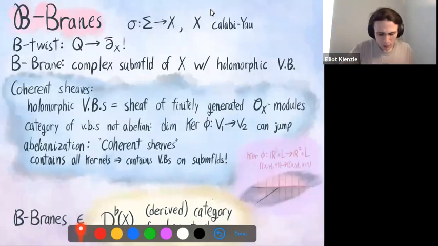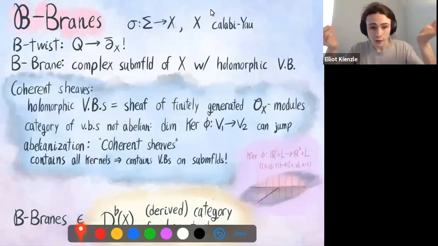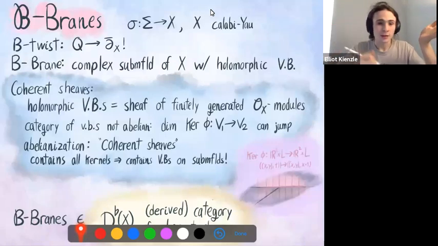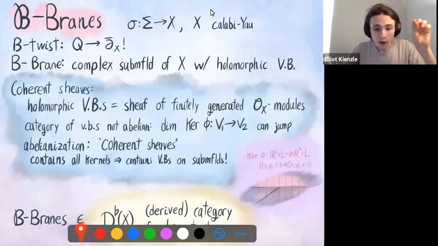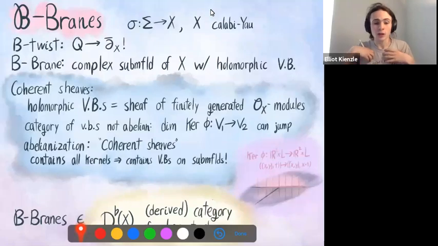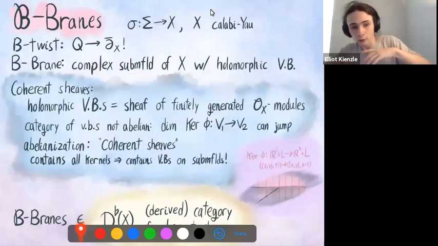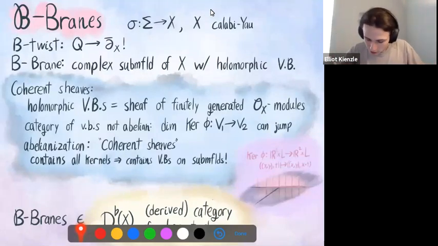So basically what we want to consider is essentially the abelianization of the category of vector bundles. That is roughly the smallest abelian category that contains all the kernels and cokernels of maps of vector bundles. Because of this construction, it naturally holds all of the vector bundles on submanifolds.